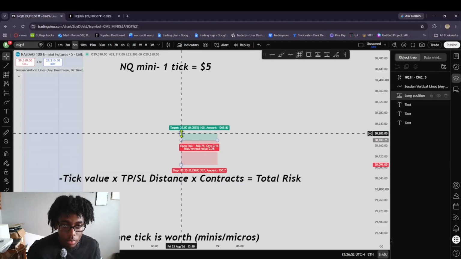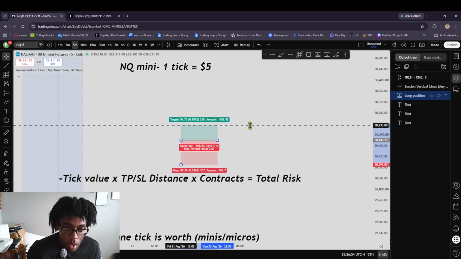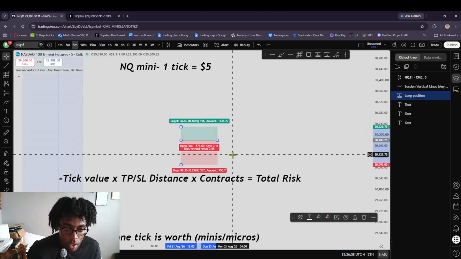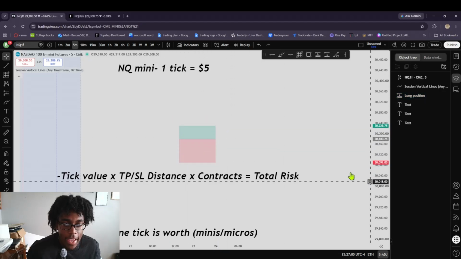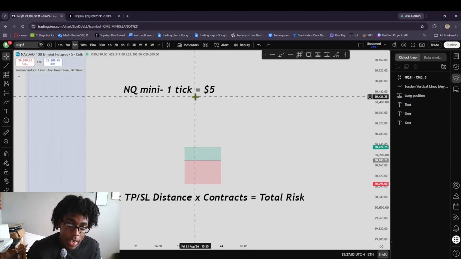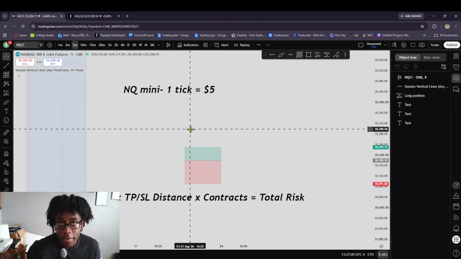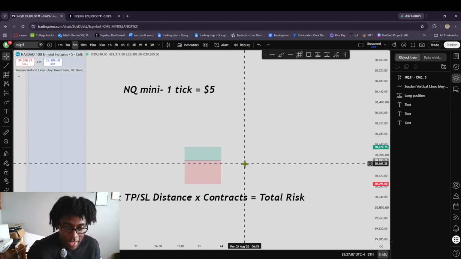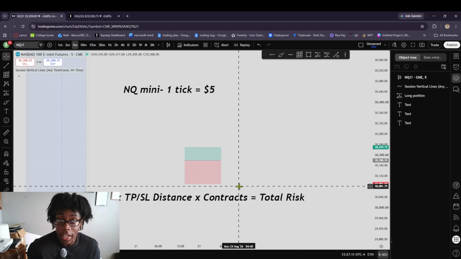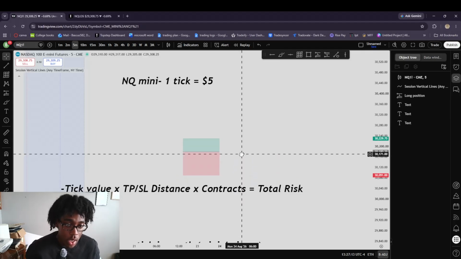So just showing a little bit more examples. If we have 200 as your distance, if I can land it on 200, just imagine that's 200. That is $1,000. Why? Because one tick equals $5. 5 times 200 is $1,000. I hope you guys paid attention to school because this is basic math. I suck at math, so if I can understand this, you can as well.